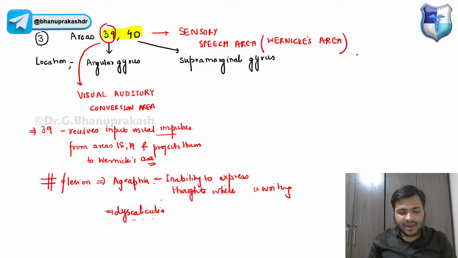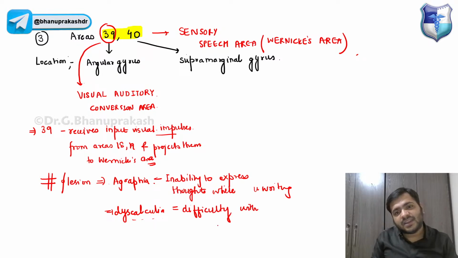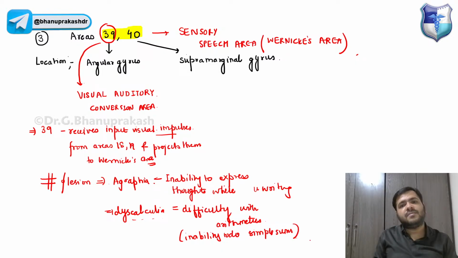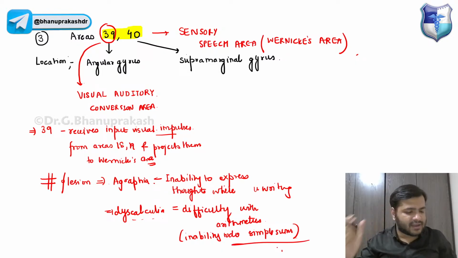Difficulty with arithmetic, inability to do simple sums. That is dyscalculia, right? So that is something you have to remember, guys. And I hope this is clear.